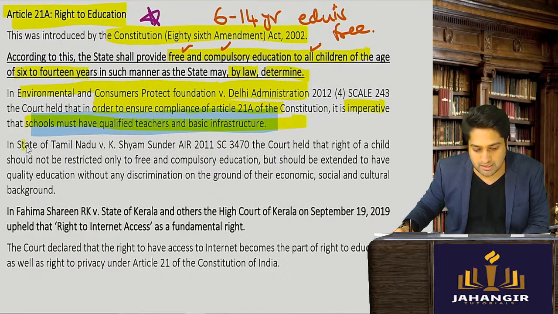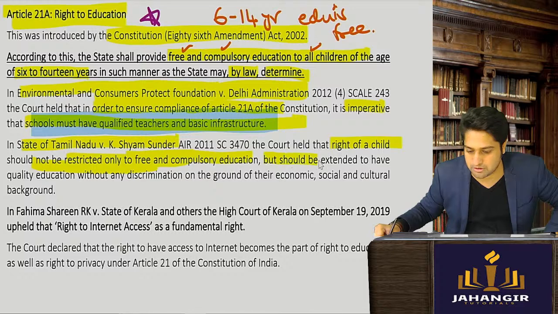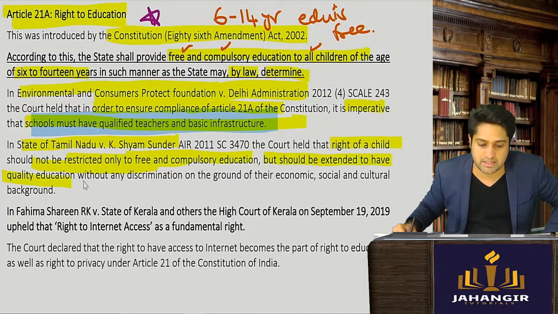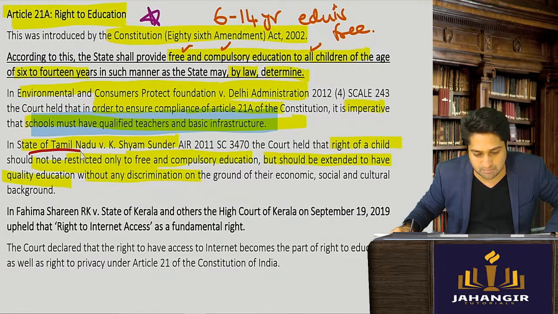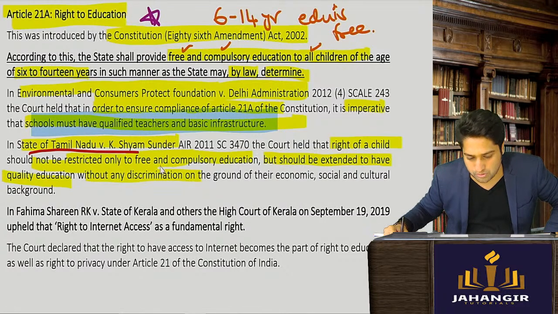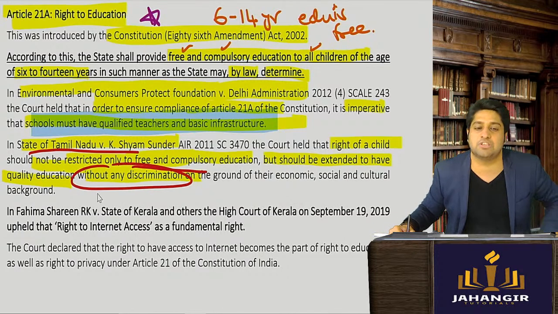In the state of Tamil Nadu versus Shyam Sundar, it was held that the right of a child should not be restricted only to free and compulsory education, but should extend to quality education without any discrimination. So in that case, there should not be any discrimination in those schools.